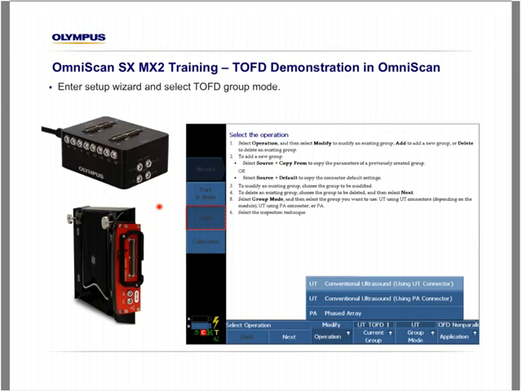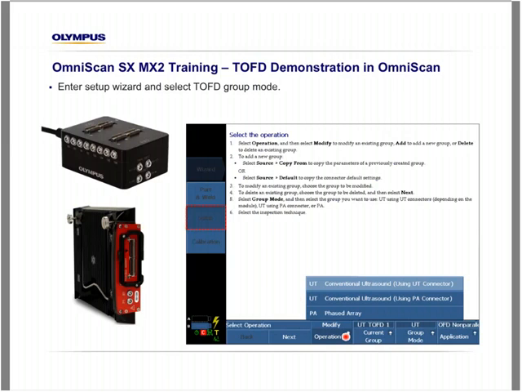We move after the Part and Weld wizard to the Setup wizard. The Setup wizard walks the users through all of the parameters necessary to create the phased array, UT conventional, or TOFD group. The first series of questions in the Setup wizard are first the operation.